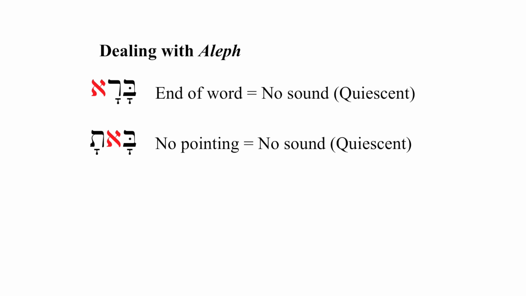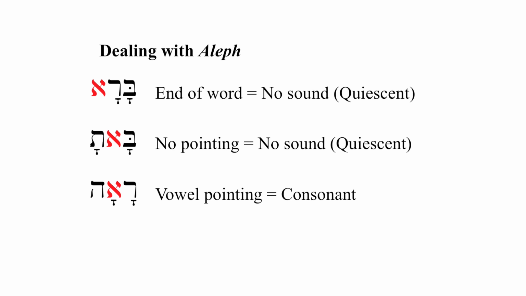Two syllables. In the third example, the aleph does have its own vowel pointing. Here it's functioning as a consonant. Now, true, we cannot hear an aleph, but that doesn't negate its identity as a consonant. It is a stop, it is a gap between vowels.